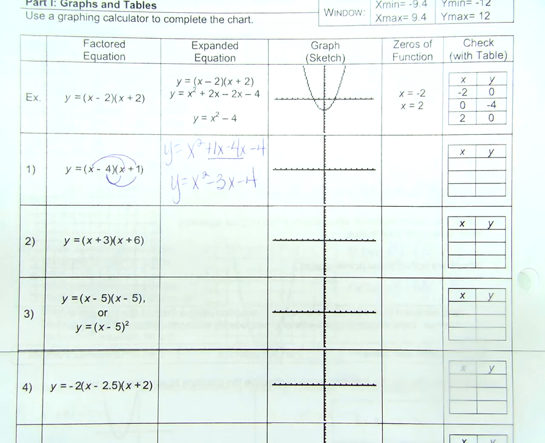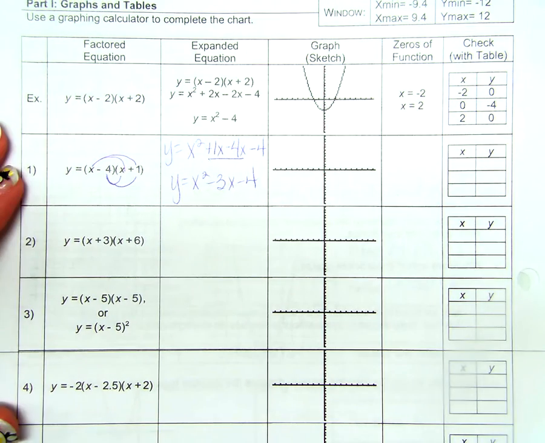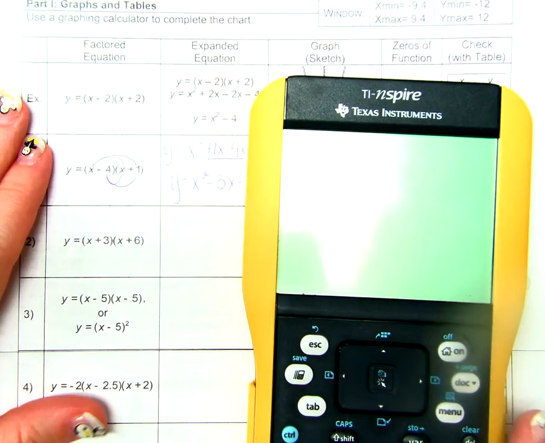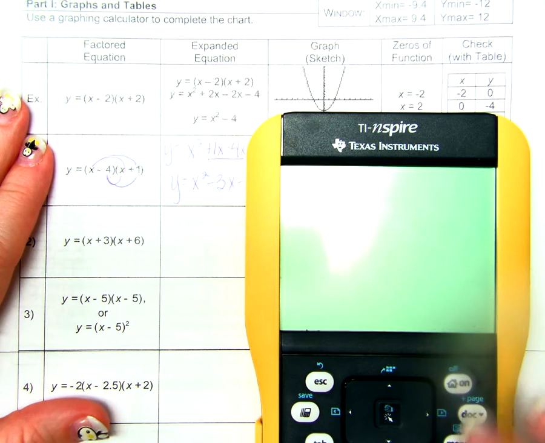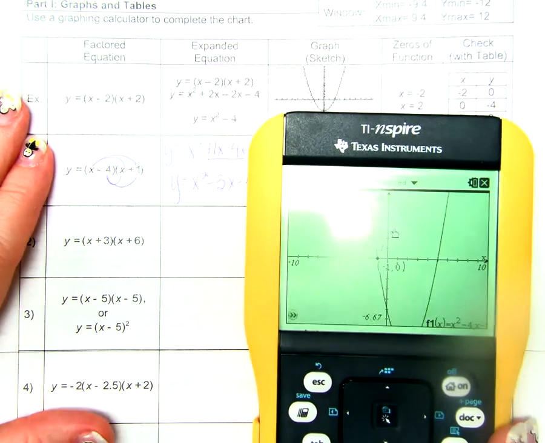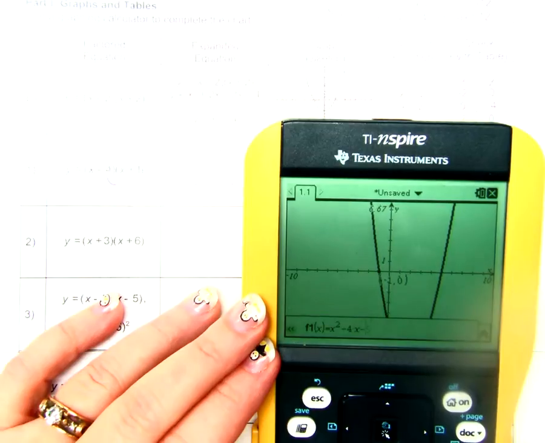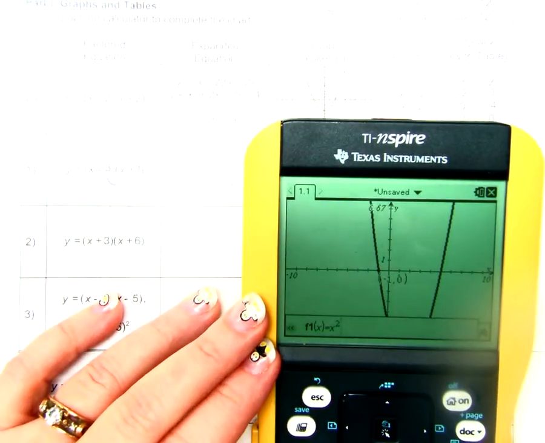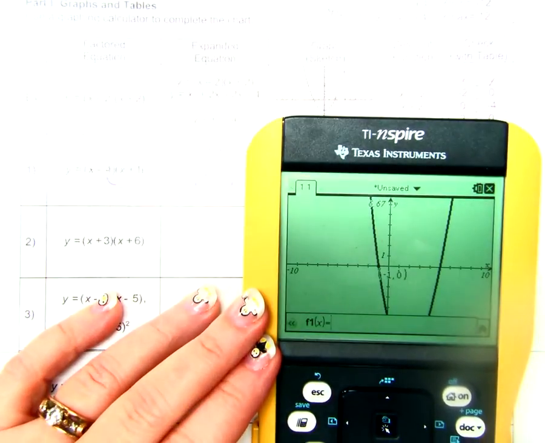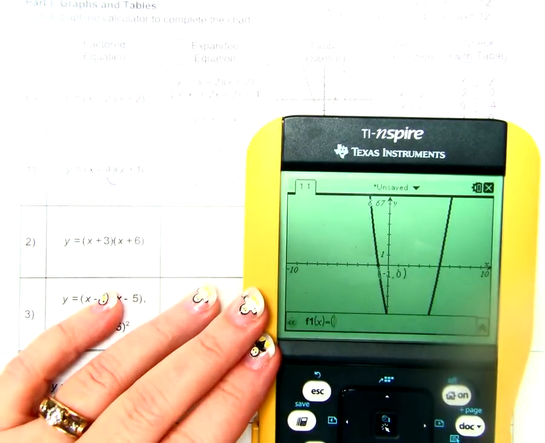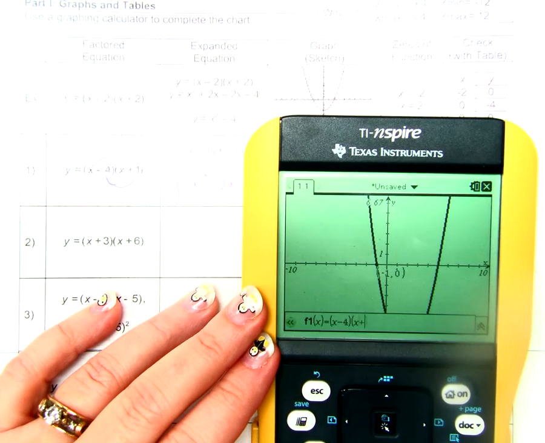Okay. Now, what does this look like on the graph? Since we all picked up our calculators, we're good to go. So x minus 4 and x plus 1.